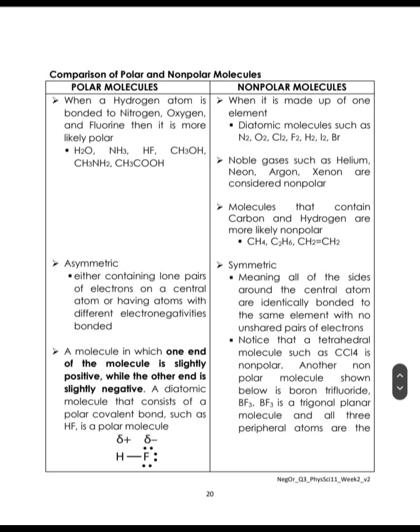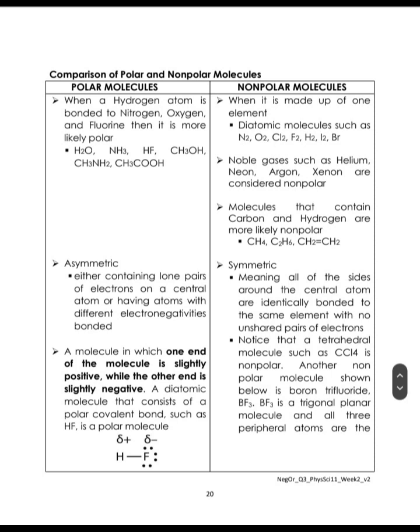Comparison of polar and nonpolar molecules. Polar molecules: when a hydrogen atom is bonded to nitrogen, oxygen, or fluorine, then it is more likely polar. H2O and NH3 are examples of polar molecules. A polar molecule has asymmetry, either containing lone pairs of electrons on a central atom or having atoms with different electronegativities bonded.